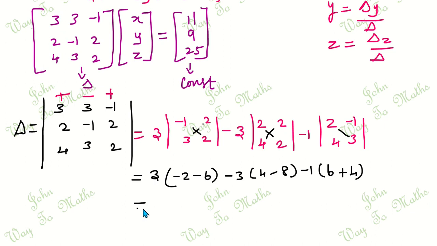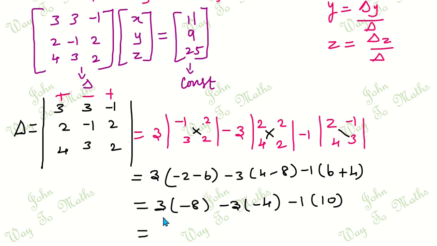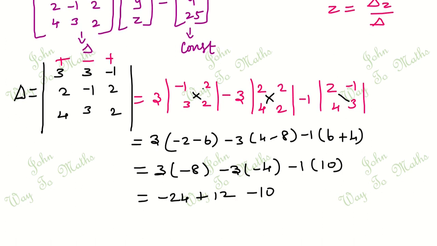Which is equal to 3 times of minus 2 minus 6 becomes minus 8, here minus 3 of 4 minus 8 becomes minus 4, minus 1 of 6 plus 4 becomes 10. Which is equal to 3 into minus 8 becomes minus 24, here minus minus positive, 3 4s are 12, here minus 10.